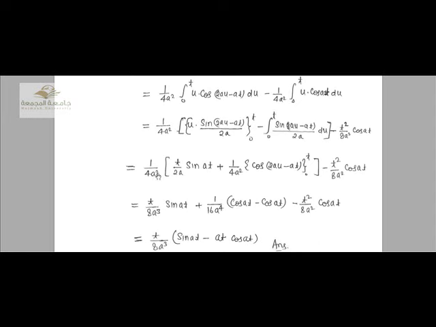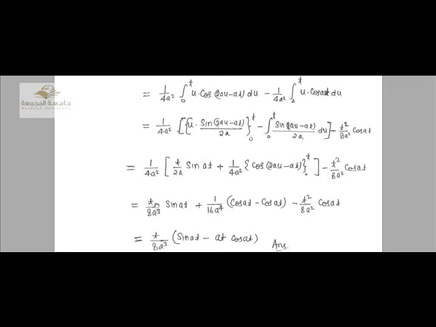This is equal to 1 by 4a square [t over 2a sine of at plus 1 by 4a square cosine (2au minus at) from 0 to t], bracket close, minus t square by 8 cosine of at.